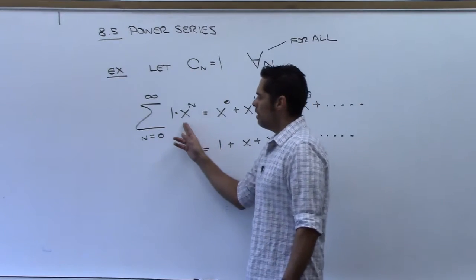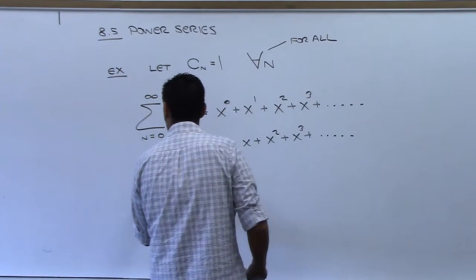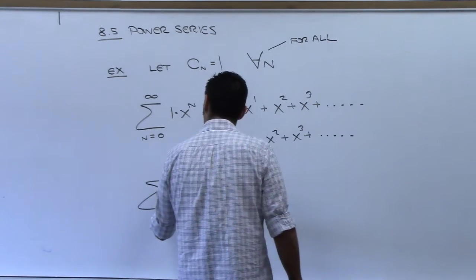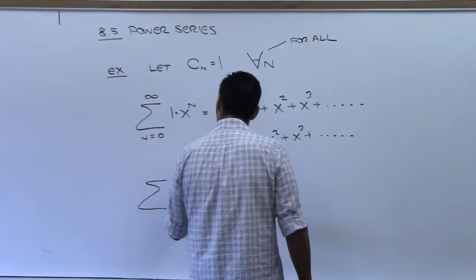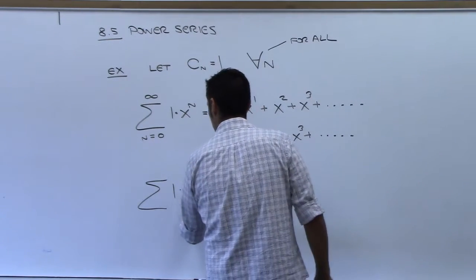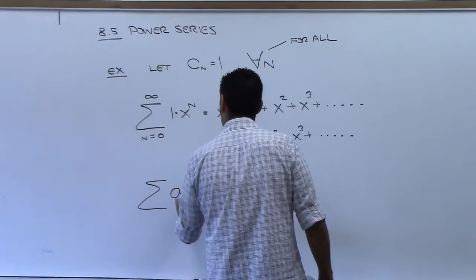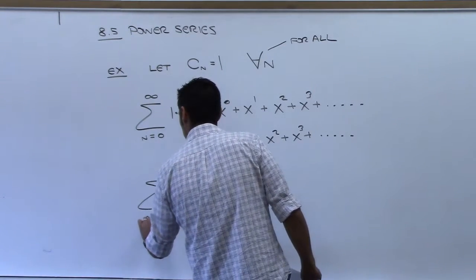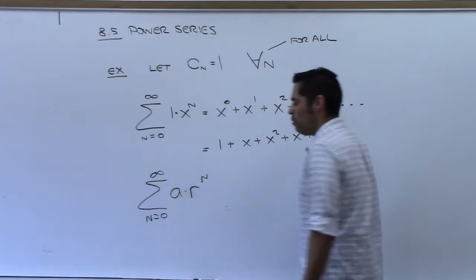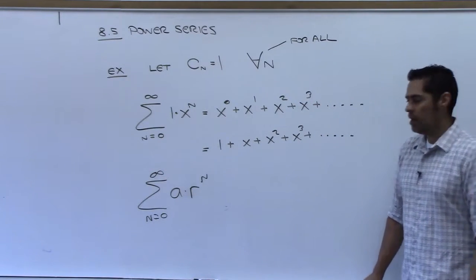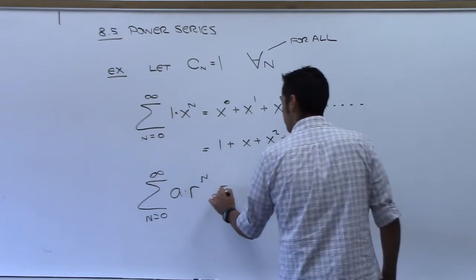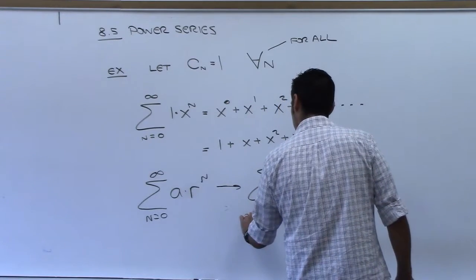Let me remind you of what a geometric series looks like. This was one form of it, right? That was one form for the geometric series. If I tell you a is 1, then it becomes this.